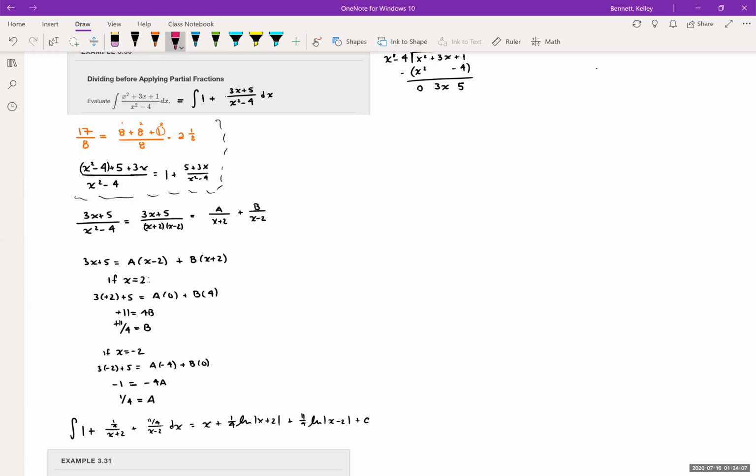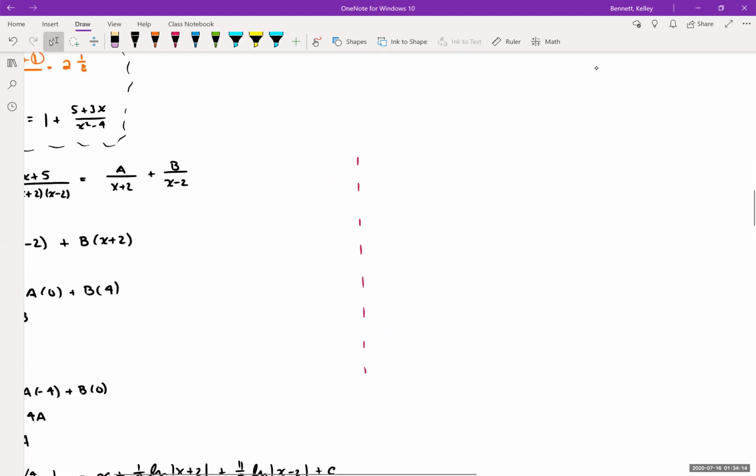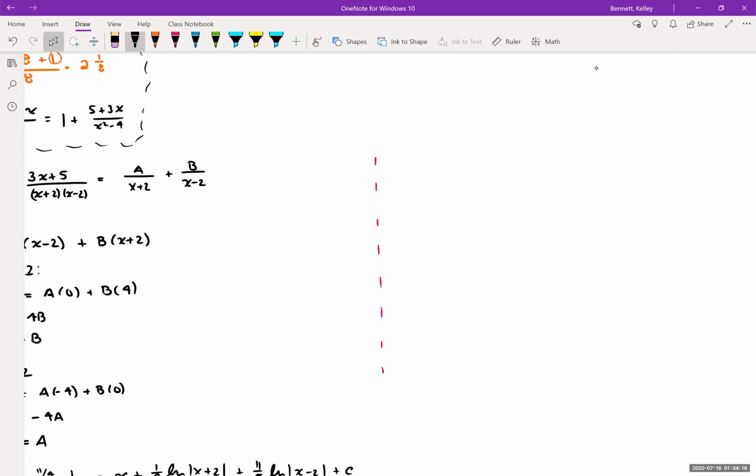Again, you can totally do the comparison of coefficients if you'd like. Oh, sorry, let me skip that step.